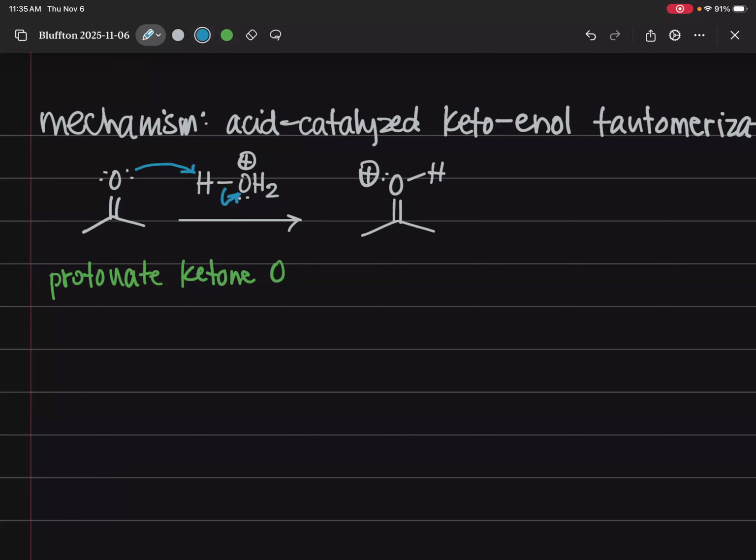So we can draw a resonance structure of this molecule just by moving electrons up onto the oxygen. So that now gives us a positive charge on the carbonyl carbon, and a neutral oxygen.